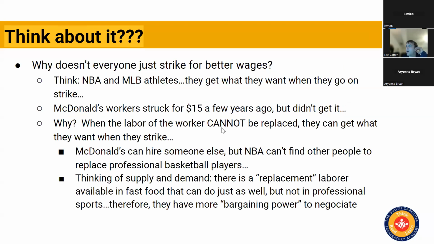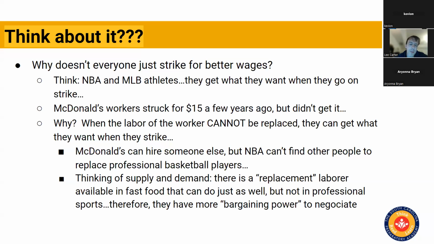All right, now one more point I want to make about labor: why doesn't everybody just go on strike for better wages? Well, I think a good comparison here, and I think I made one of the essay questions on that this week, is this. All right, so NBA professional basketball players or professional baseball players in the MLB, when they go on strike, they get what they want, right?